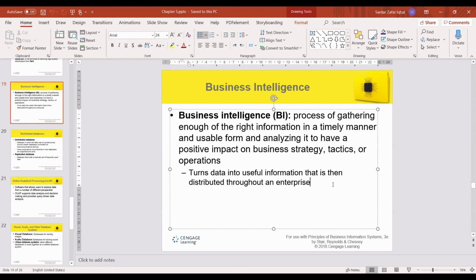Which product is leading? Which product is the most favorite product of the customer? So this information is useful? What do you think? Yes, of course. Why is it useful?